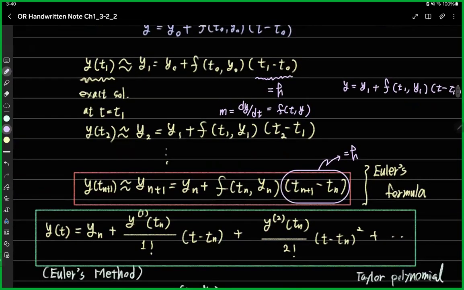And then what about this? This is actually a Taylor series, isn't it? When you look at this, y sub n plus 1 is y sub n plus f times this.